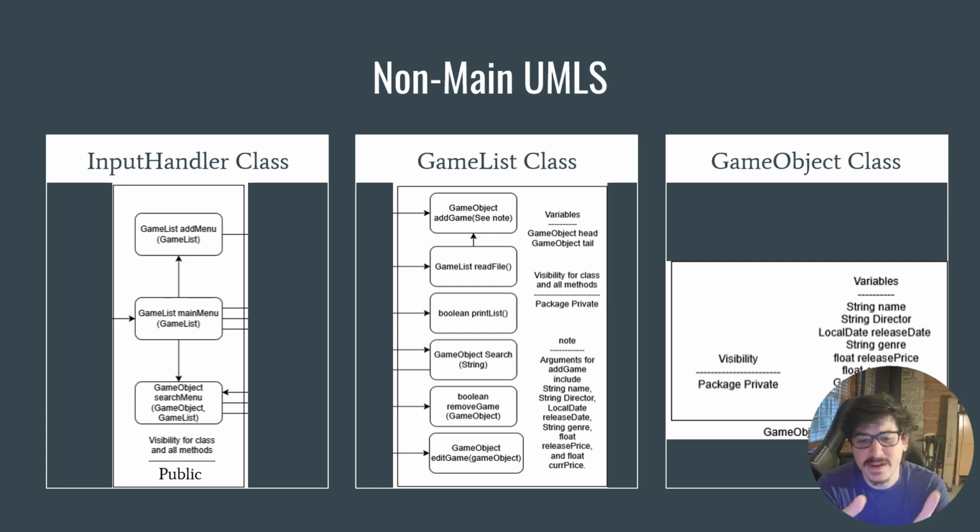That's going to be the add menu, the main menu, and the search menu. From there, each one is going to lead into certain functions or methods within the game list class. And then, of course, there's the game object class. That's just going to keep the values for each game entry.